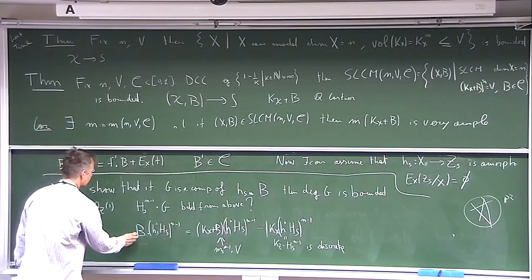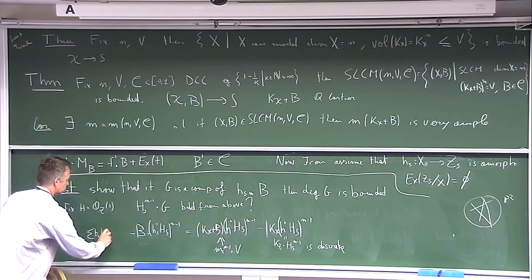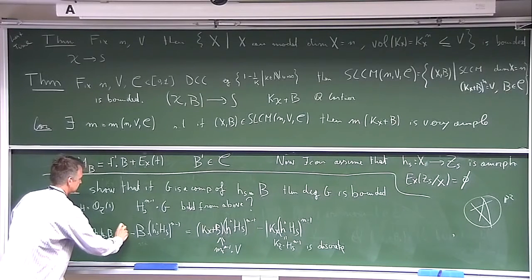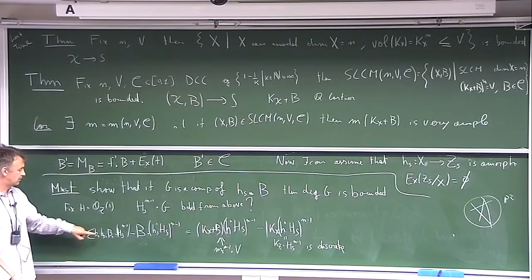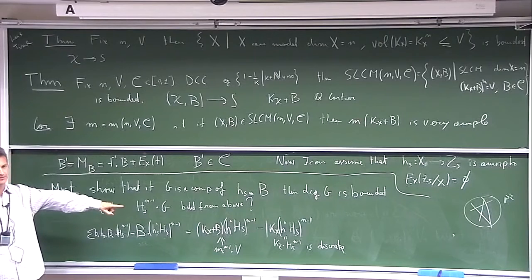Okay, but this number here is a sum of b_i times the push forward of the corresponding component B_i times H_S^{n-1}. So the sum of these degrees is bounded from above.